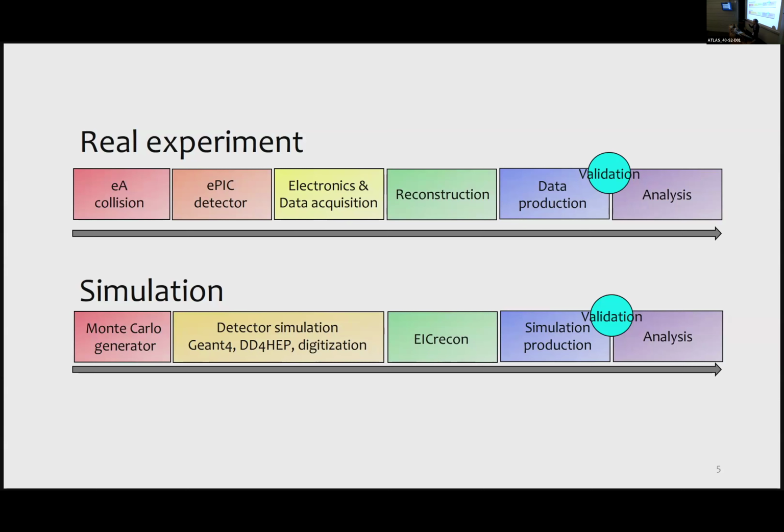But in this case, it passes into your detector and out comes this digitized signal of some kind. And that's what goes into EIC recon. You would run this on the data, and you would have your simulation production, which cooks this data, and then your final analysis on the other end.